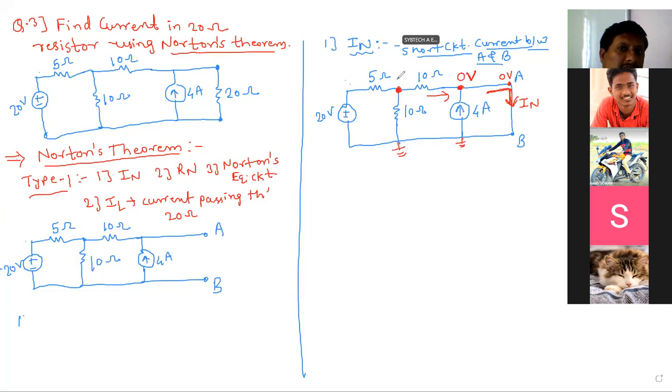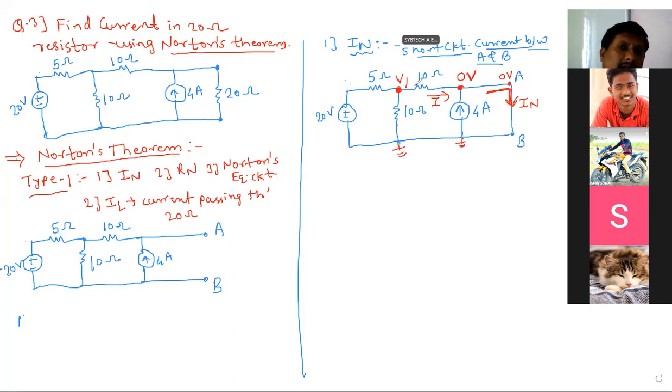If we can find the voltage here, we can find the current, because let us take V1. So we can take V1 minus 0 divided by 10. If I am doing, I will get this current. So I will give this current as I. Okay. So if I know the value of I, then I plus 4 will give the IN.